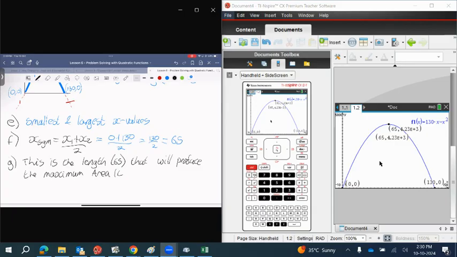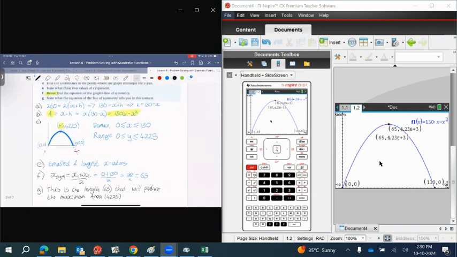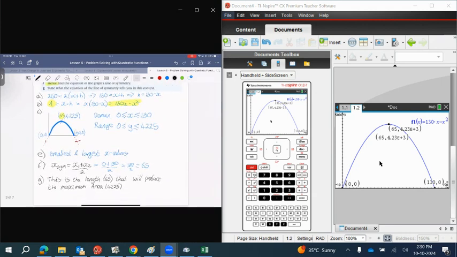And that was 4225. One of the questions in the major and the exams coming up is going to be interpret. Normally this question wouldn't be state, it would be interpret. And you have to interpret what it means in regards to the context. So our interpretation here in regards to the context is that the symmetry line is the length of x that will produce the maximum area. And then quote the numbers as well.